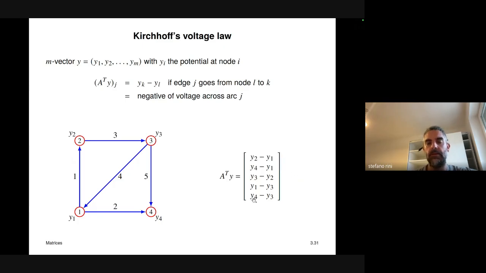You want the sum of the positive voltages to be equal to the sum of the negative voltages. And so this becomes A transpose y, which you express as follows, because the element in position j of A transpose y will tell you the negative voltages minus the positive voltages, and this has to be balanced.